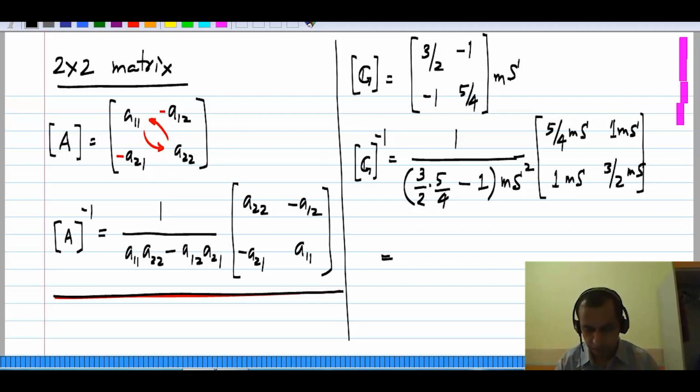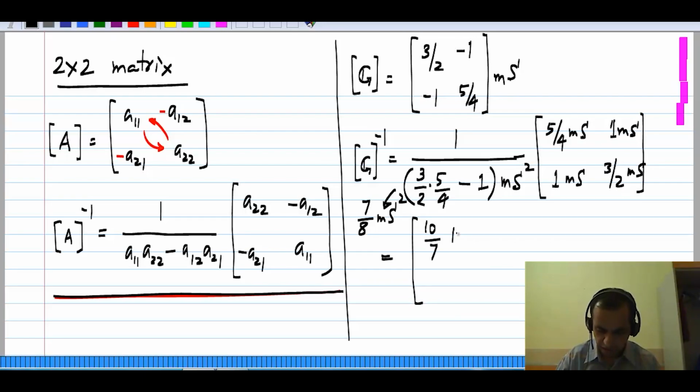And this whole thing, if I simplify, I get 7 by 8 millisiemens square. So I have 8 by 7 millisiemens square times all of these entries, which will give me 10 by 7 kilo ohms. I get kilo ohms because I have millisiemens divided by millisiemens square.